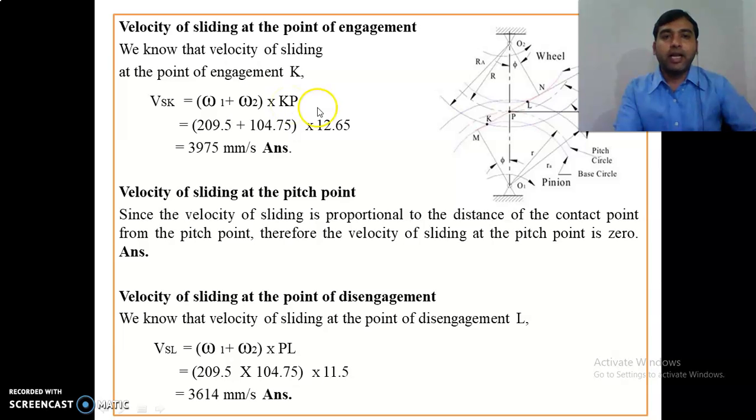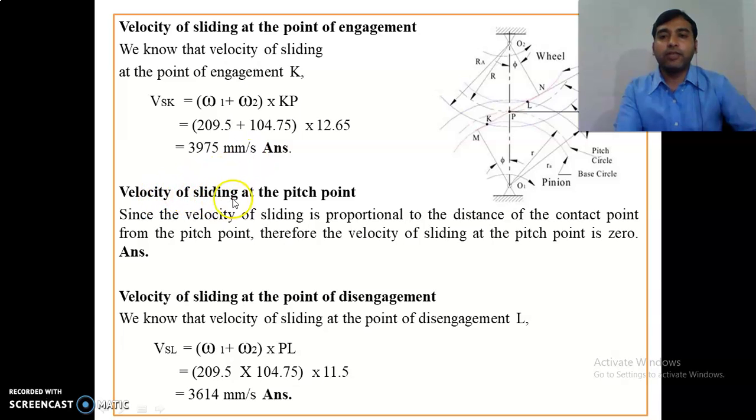Kp means length of path of approach. So put the value of omega 1, omega 2 and Kp: 209.5 plus 104.75 into Kp, 12.65. So we get the sliding velocity at point K as 3975 mm per second.